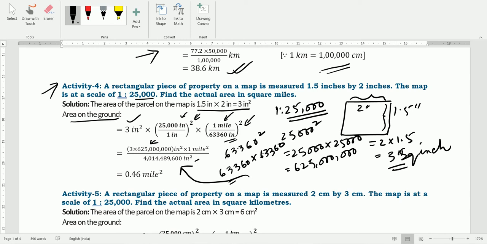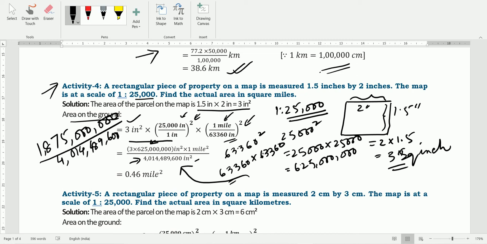After this dividing, this value 3 into 625,000,000 is equal to 1,875,000,000, divided by this value 4,014,489,600.